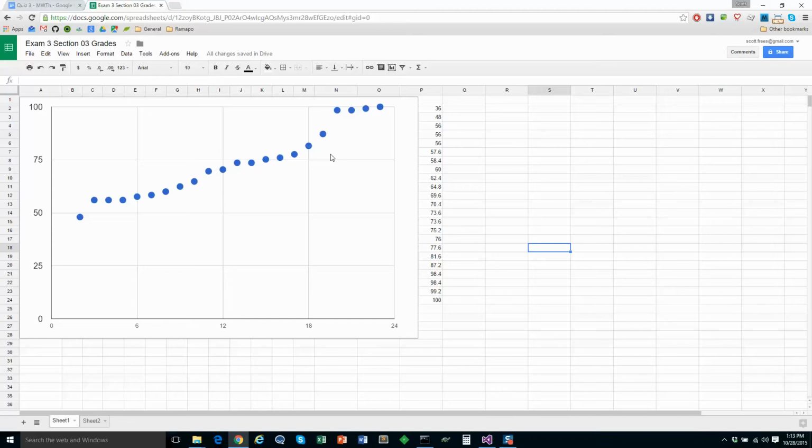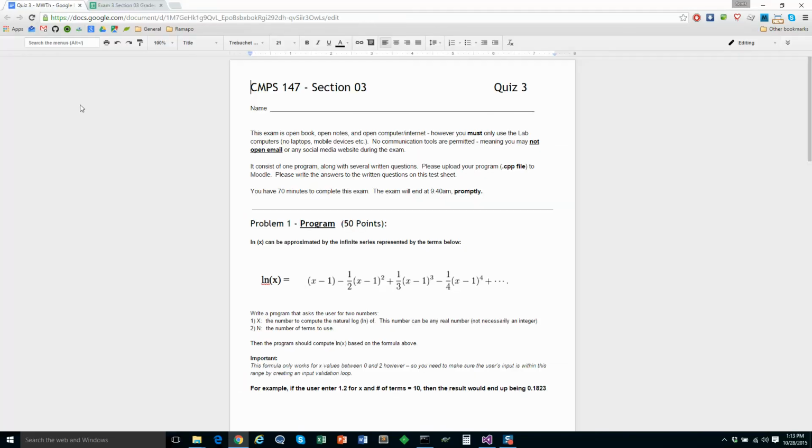It won't work anymore. So everything that I've been talking about in the videos and in class is aimed at helping you think through the problems rather than just typing a lot of code and hoping it works. It's really important that you pay attention to that now because it is getting quite a bit harder. All right, so let me switch over to the exam.